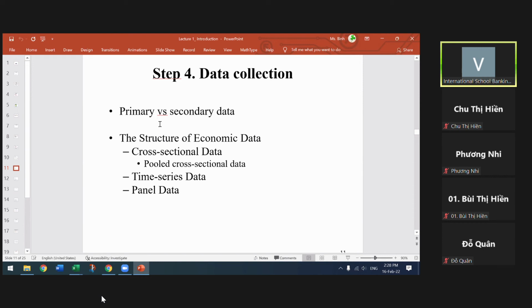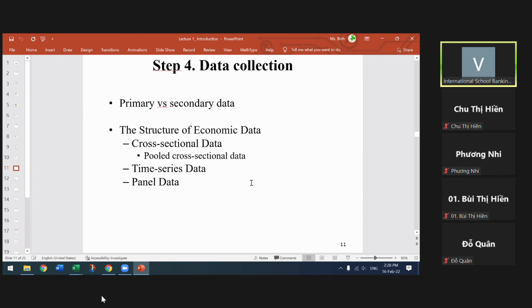For example, here there are three kinds of data. The first one is cross-sectional data, dữ liệu chéo, and we have pooled cross-sectional data, dữ liệu chéo gộp. And we have time series data, dữ liệu chuỗi thời gian.